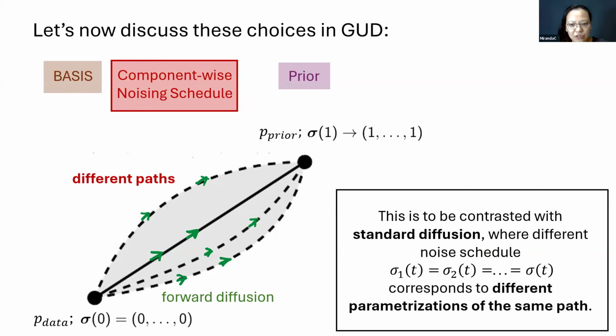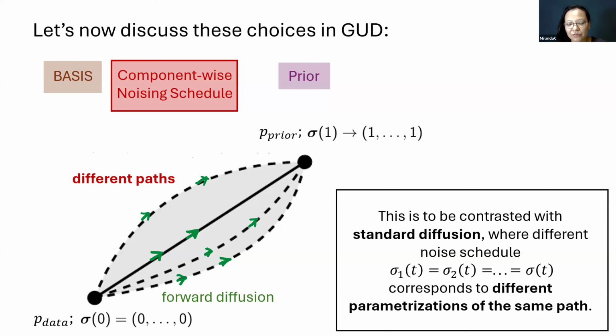In picture, you have a path. This is a picture in the space of distributions, with your prior chosen. It becomes a point in the space, and with your data set chosen, the starting data distribution is also chosen. By choosing different component-wise noising schedules, you are choosing different paths to go from the data distribution to the prior distribution.